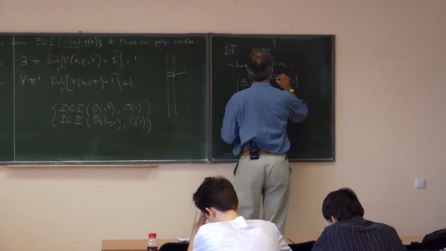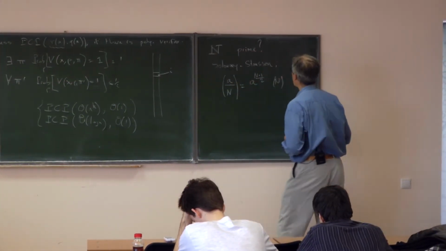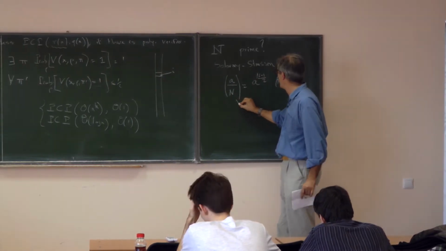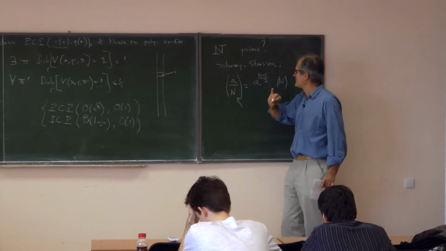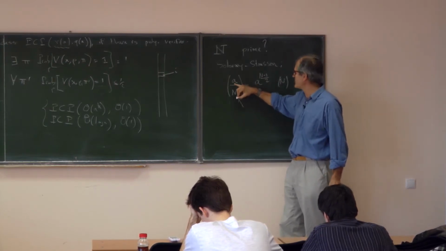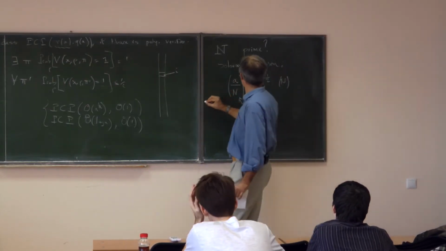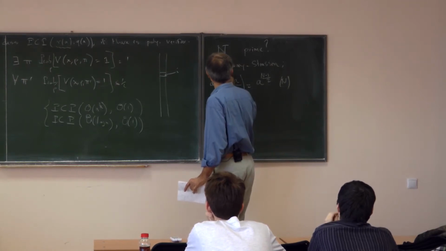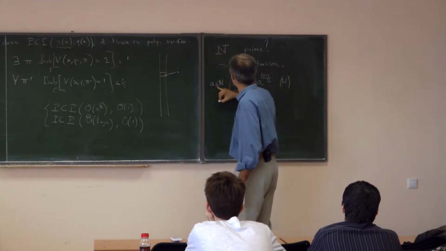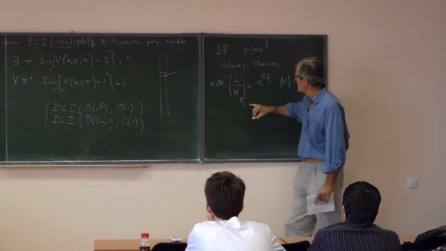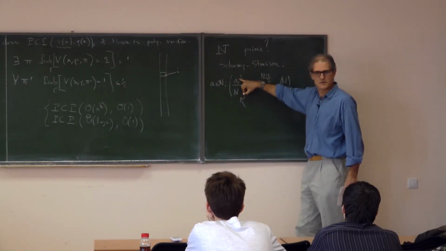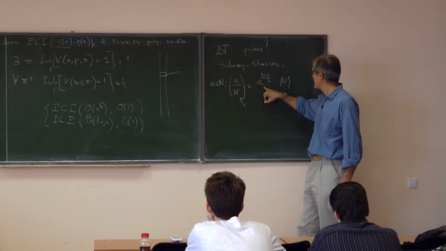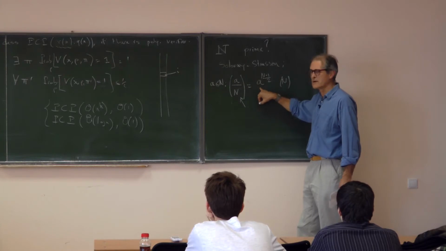This is called the Jacobi symbol, but remember, it's something that is easy to compute given a and n, where a is smaller than n. This is very easy to compute, and this is also easy to compute.